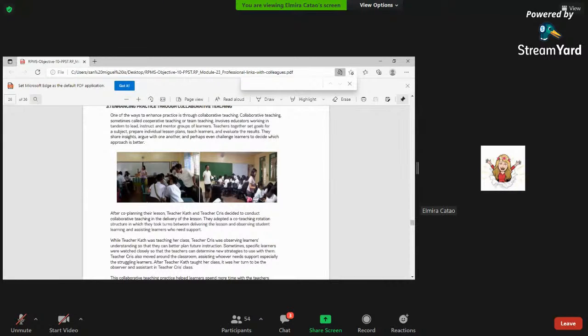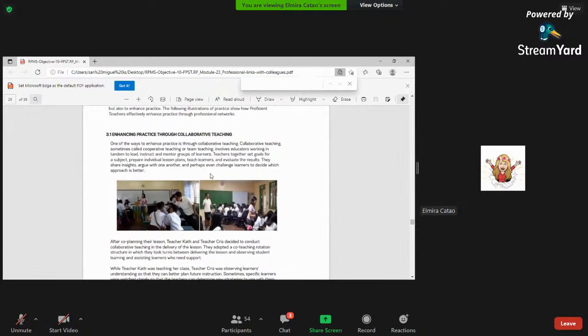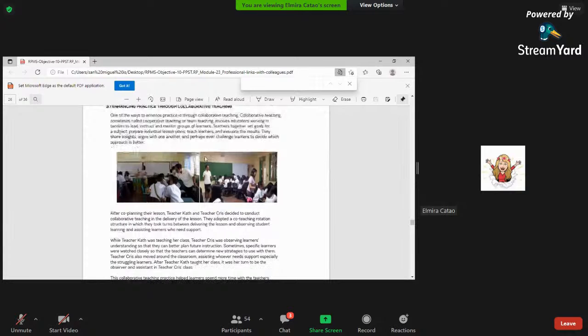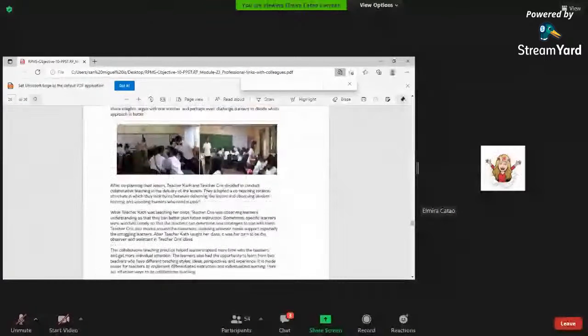So we have the illustration of practice 3.1, enhancing practice through collaborative teaching. One of the ways to enhance practice is through collaborative teaching. Sometimes it is called cooperative teaching or team teaching. It involves educators working in tandem to lead, instruct, and mentor groups of learners.